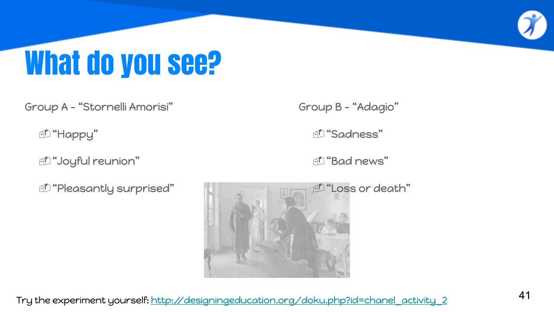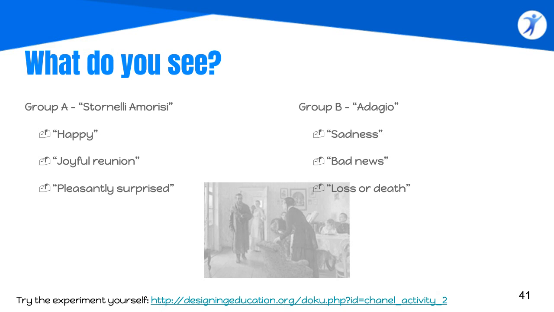These people are pleasantly surprised to see who has come through the door. The people who got the sad, somber music describe it as a sad scene. Somebody's bringing bad news. They're talking about loss or death that has happened, or is happening, being depicted in this picture. And it all changes. The perspective gets changed based on that background music.